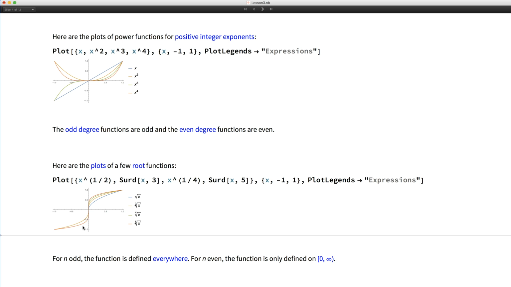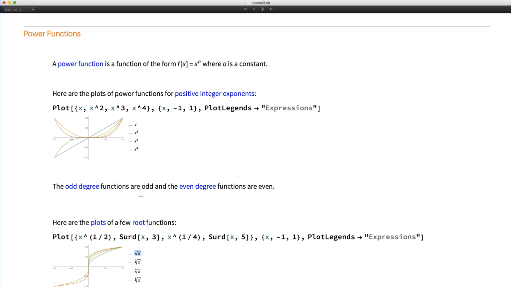That's because the odd roots are defined everywhere, while the even ones are only defined for non-negative values of the variable. So here's the square root function, and the square root of a number is only defined if the number is non-negative. So that's the class of power functions, which are quite useful in practice.